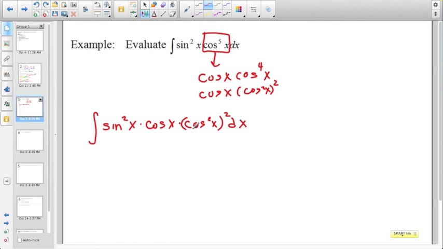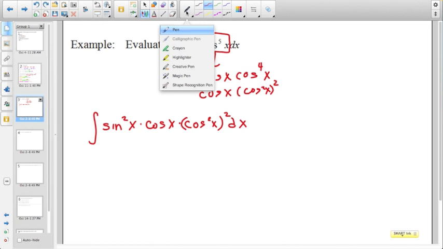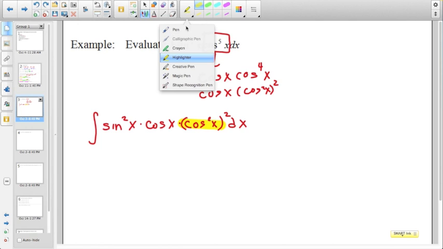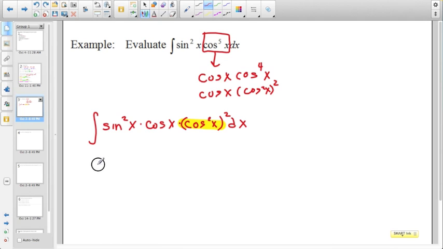And then we're going to take this cosine squared x and use our trig identity to substitute that out. So our integral now becomes sine squared x times cosine x times 1 minus sine squared x quantity squared dx.